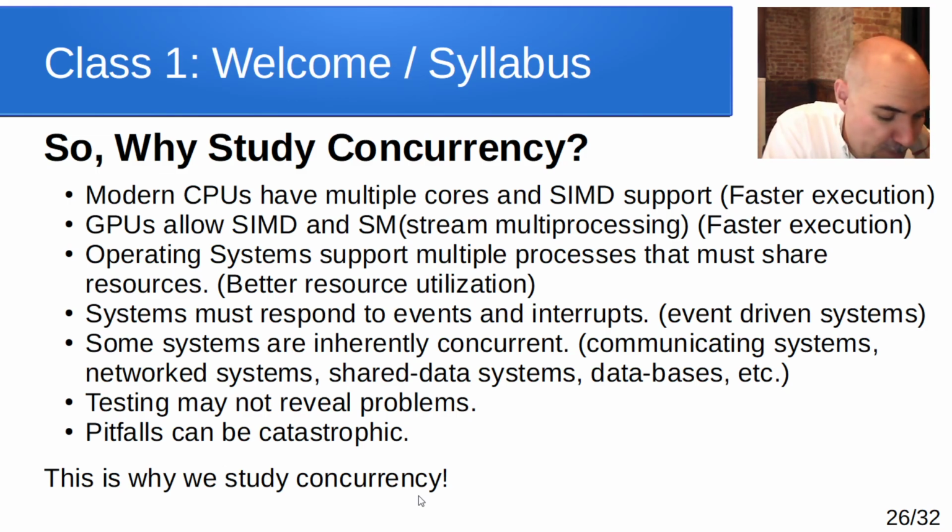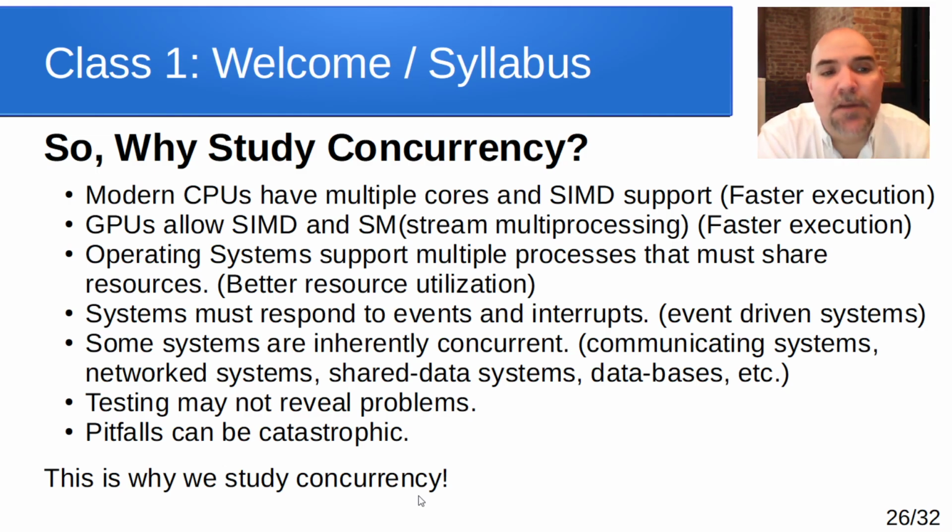Also, the GPUs, the graphics processors in your system, have massive SIMD processing capability or stream multiprocessing capability in them. Those are also designed to have faster execution, better frame rate, and more polygons processed per second. So if you want to take advantage of those, you need to understand something about concurrency and how to control it.